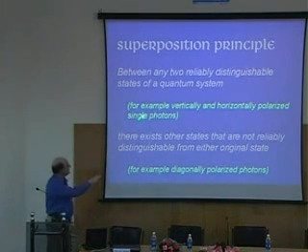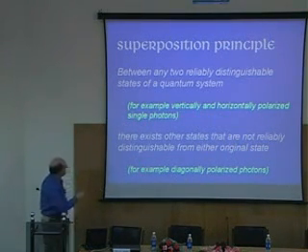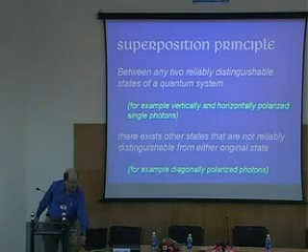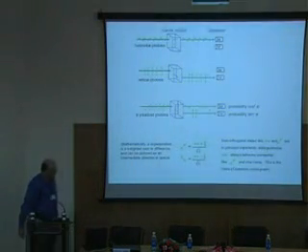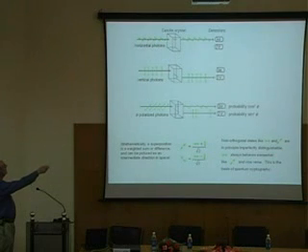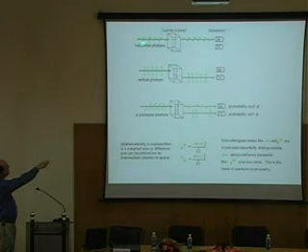And this is illustrated, in a convenient way, by the polarization states of single photons. And this is how they behave. So imagine these photons are propagating in this direction here. We can imagine them to be, this is a perspective view, horizontally polarized or vertically polarized.